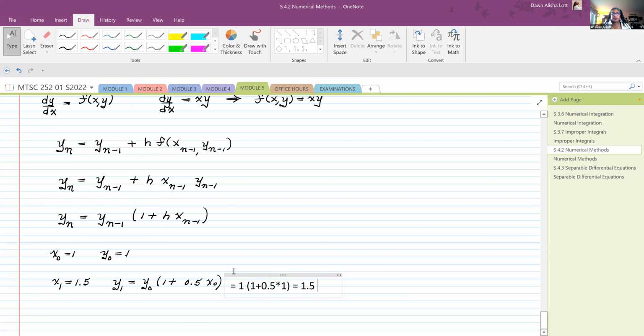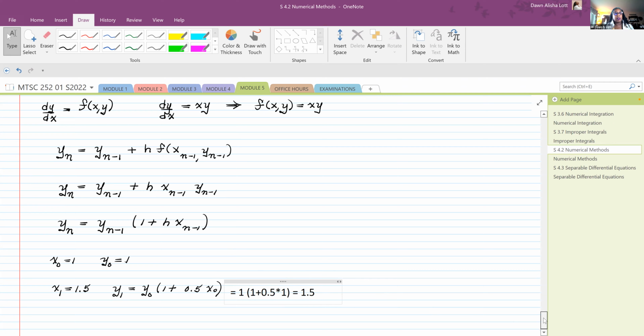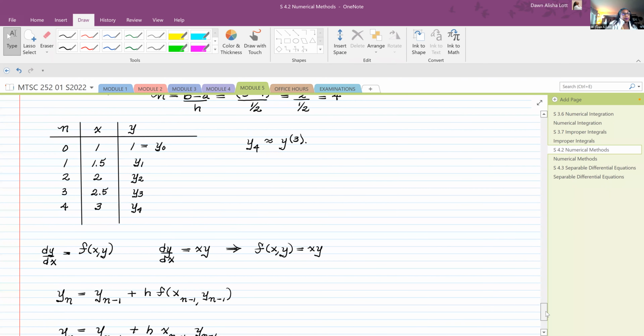So that's 1.5. Now we know y1, and we can go back up, and y1 is 1.5.